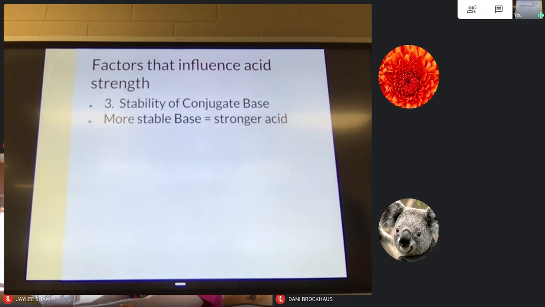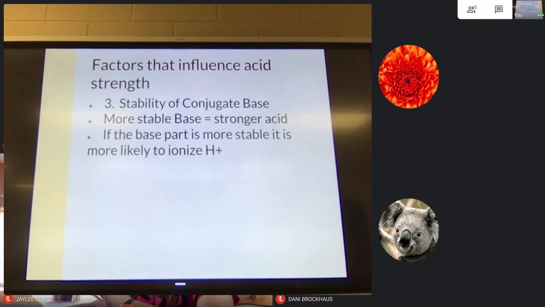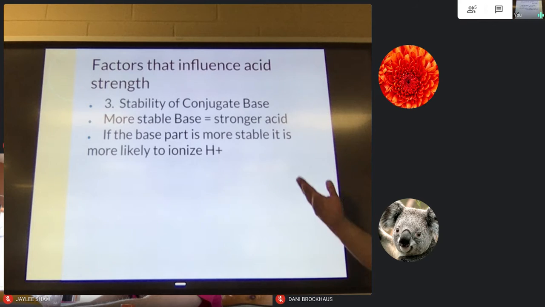In other words, if the conjugate base is cool with the H+ leaving, it would totally endorse that and make it a stronger acid. So if the base part is more stable, it's more likely to ionize H+. What we're going to look at today is some things that lend to stability. Like I said, there's no real calculations in this. This is difficult to teach online.